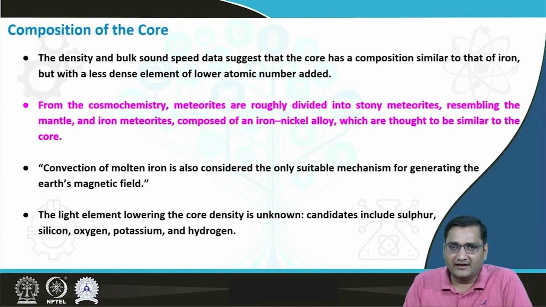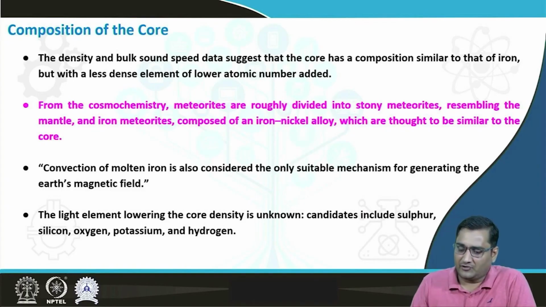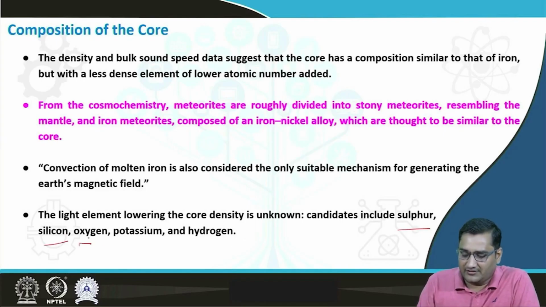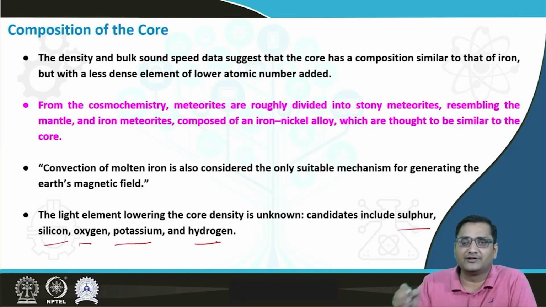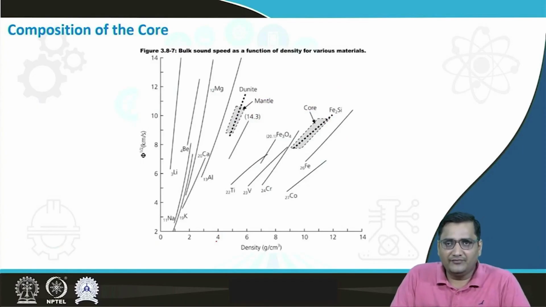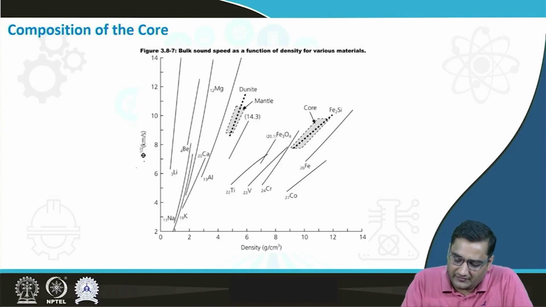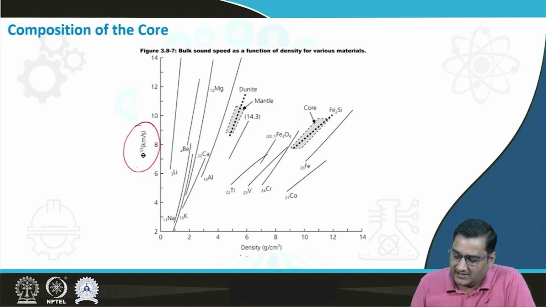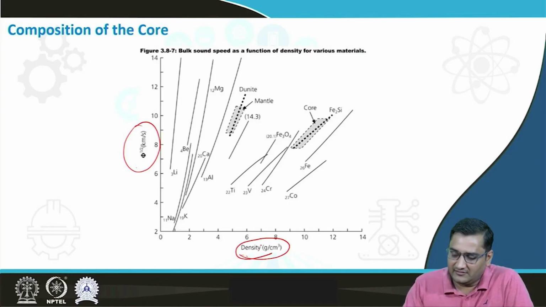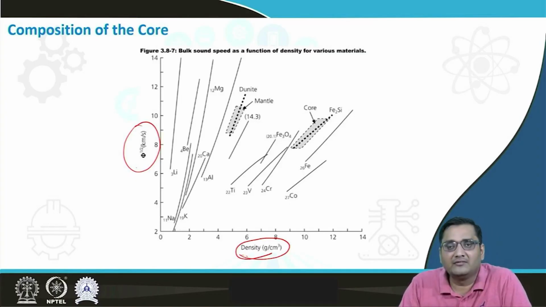The lighter element lowering the core density could possibly be sulfur, silicon, oxygen, potassium, or hydrogen. And if you look at this graph that we have already seen in the previous class, it reflects the variation of the bulk sound speed with density, and several minerals have been plotted.